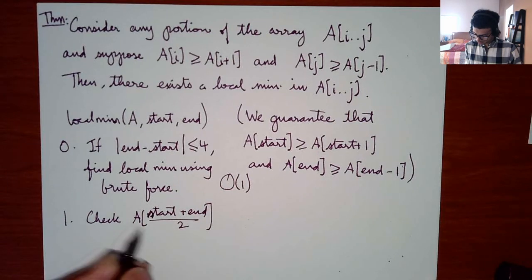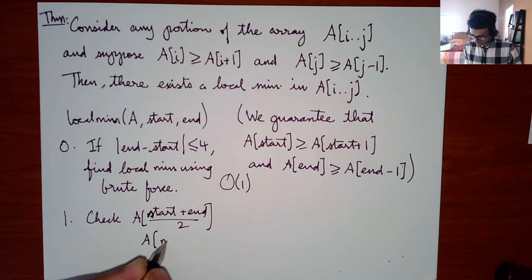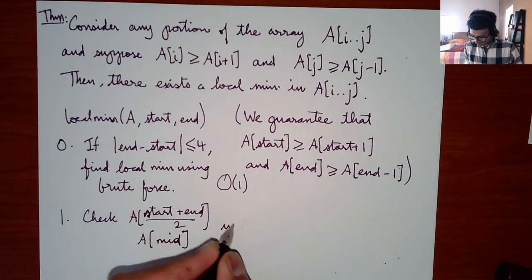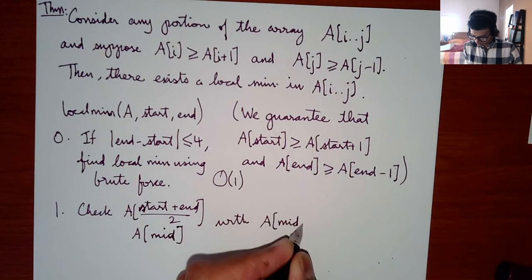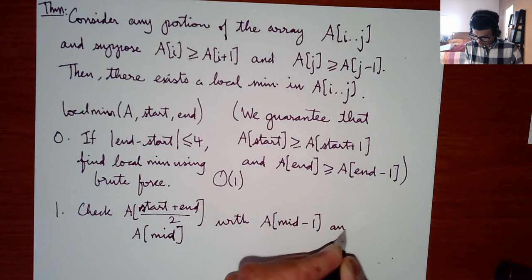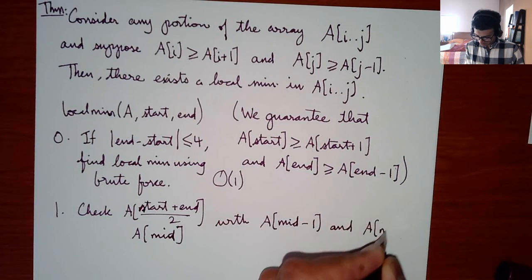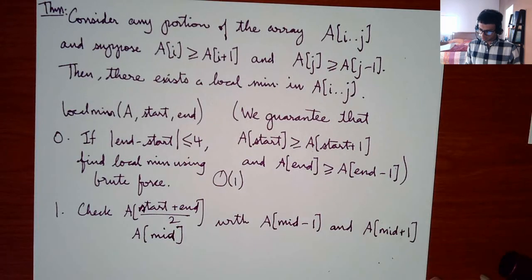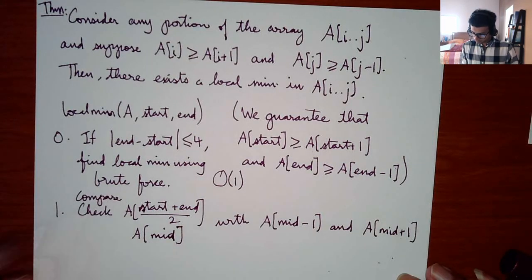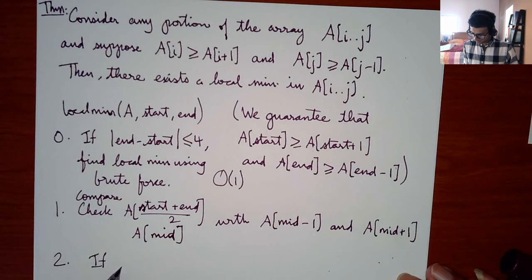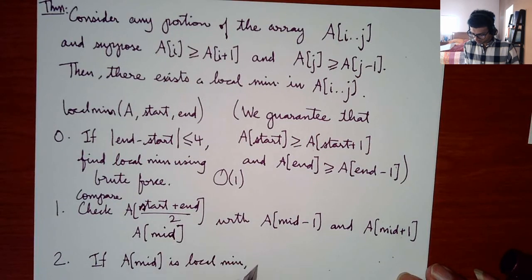I'll call this mid. Compare A of mid with A of mid minus 1 and A of mid plus 1. If A of mid is a local minimum, then we're done.